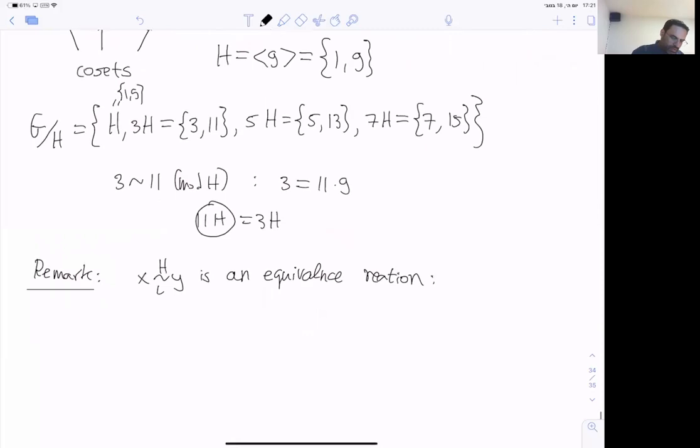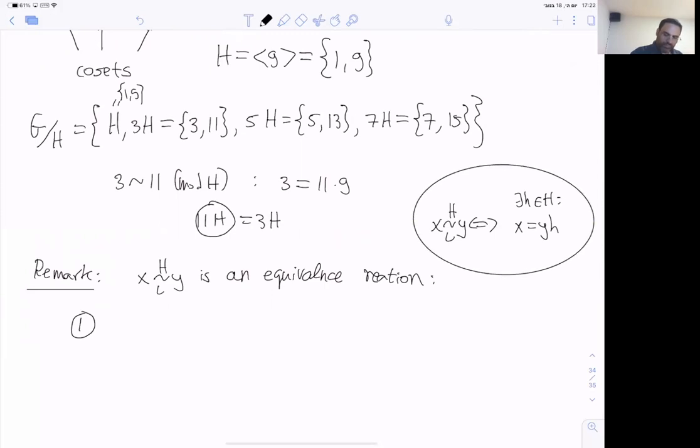Why is it true? First, I remind you that x is related to y means that x is equal to y times some h. Reflexivity: of course, x is equal to x multiplied with 1, which belongs to H. So x is equivalent to itself.